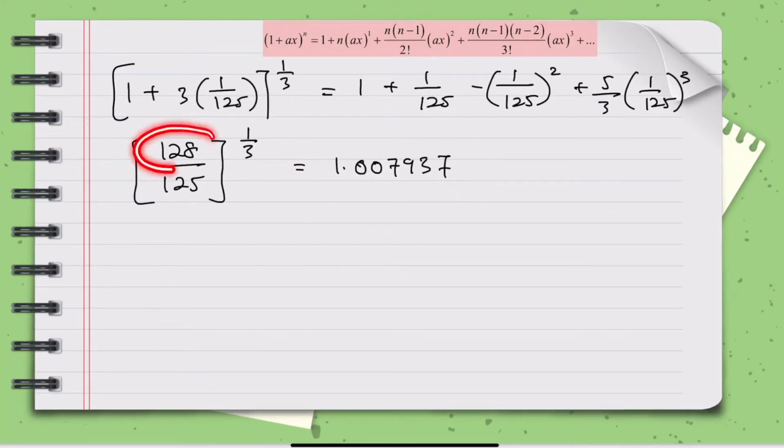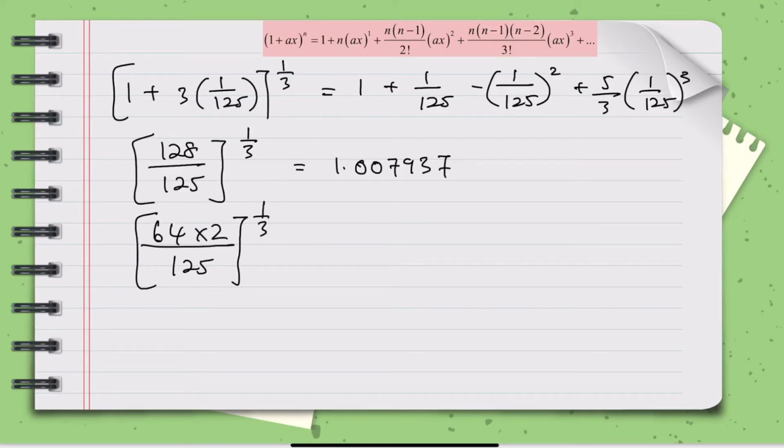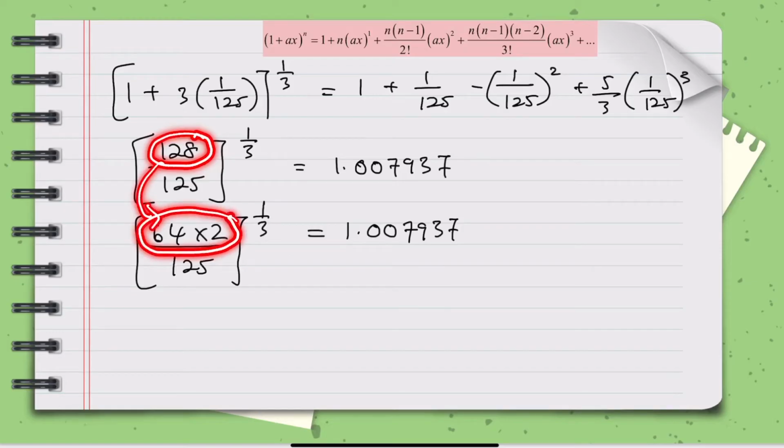Next, we need to split 128 into 64 multiplied by 2, so (64 × 2/125)^(1/3) = 1.007937. Maybe some of you might ask, why do we need to split 128 into 64 multiplied by 2?